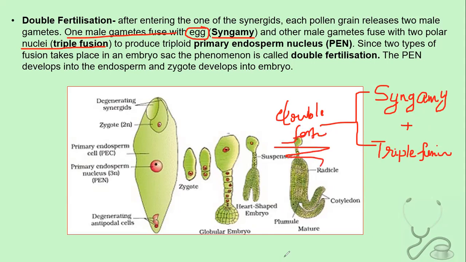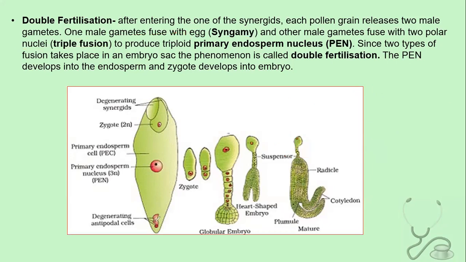That's an easy one, right, everyone? So what is actually the product of syngamy over here? That is, a male gamete fuses with the egg, and what is its product? Zygote, definitely, right? Or the embryo.